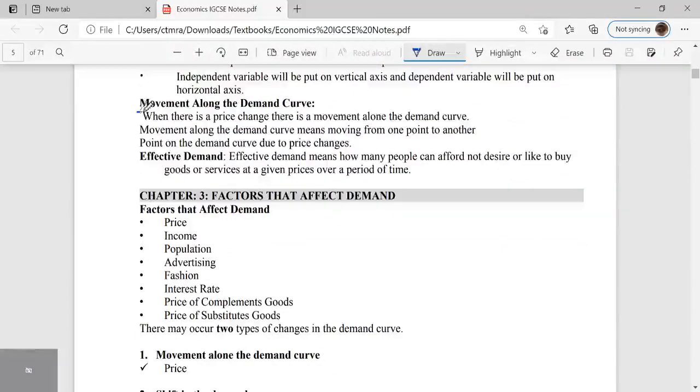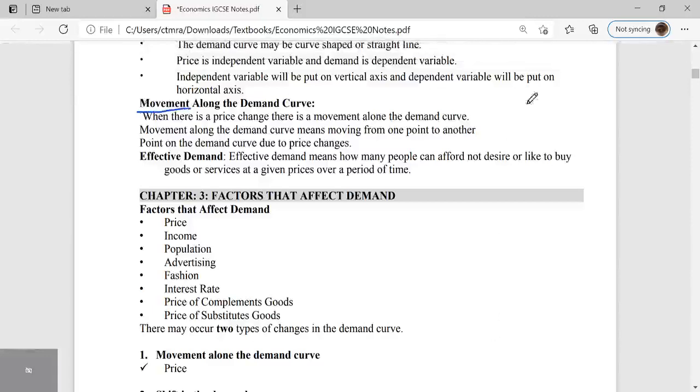Suppose the price is falling from P1 to P2, the demand will also rise from Q1 to Q2. So it's moving from one point to another. That's why this is known as movement along the demand curve.